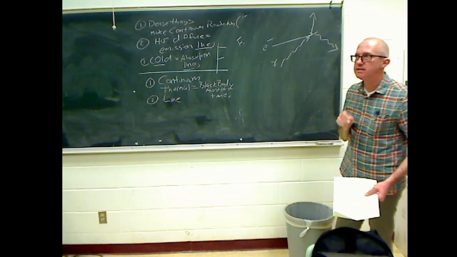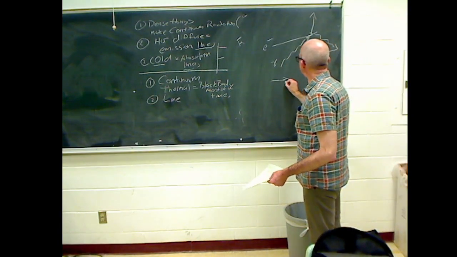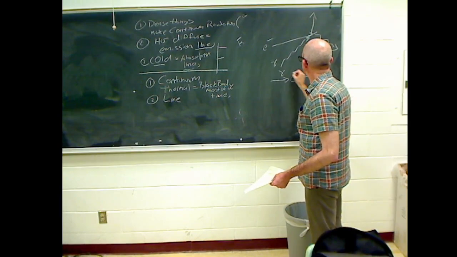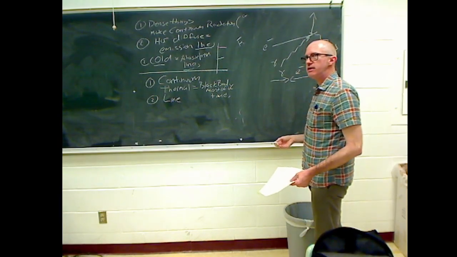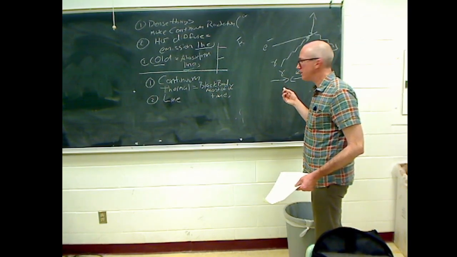But they change direction if they do that. So if my electron and my photon hit each other head on, nobody changes energy. They just bounce back the way they came.